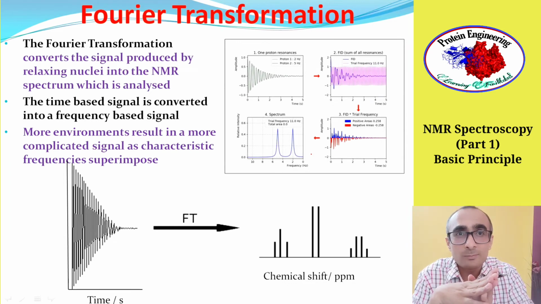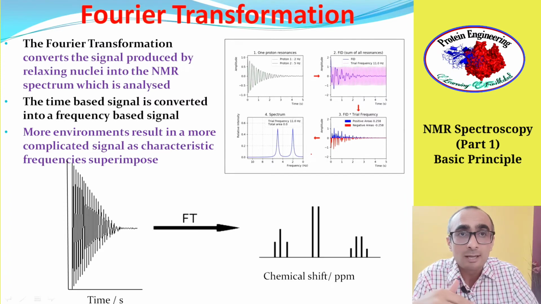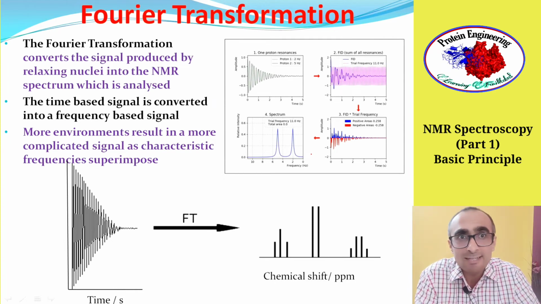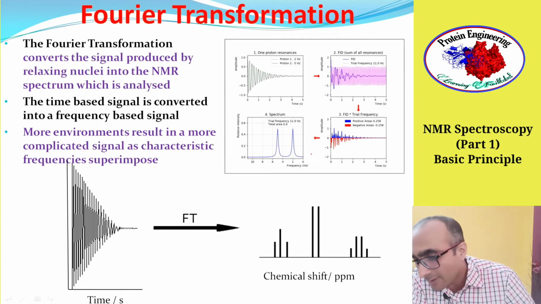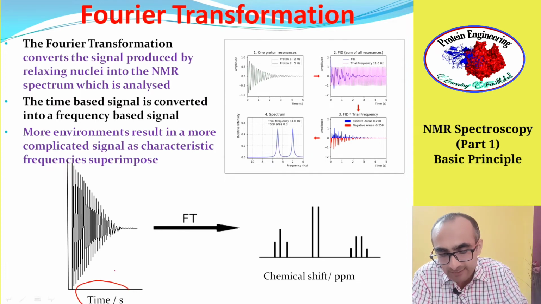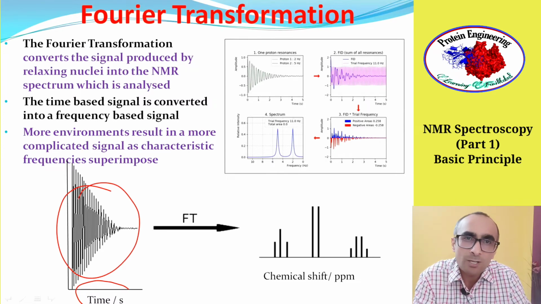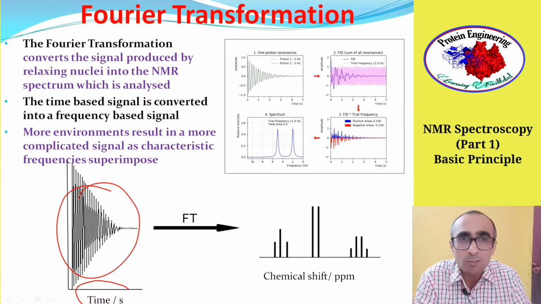It simply means that different waves will combine together, or interfere with each other, and as a result of constructive and destructive interference, you get a spectra that is time based. So something like this.